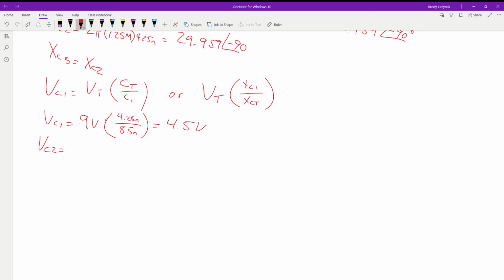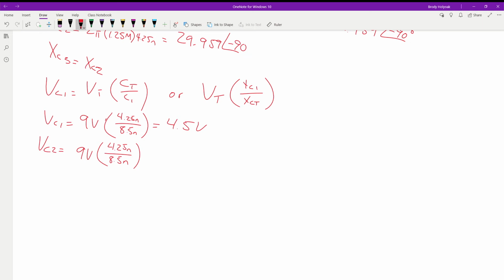Okay, Max, what's the voltage of capacitor 2? It's going to be the exact same.